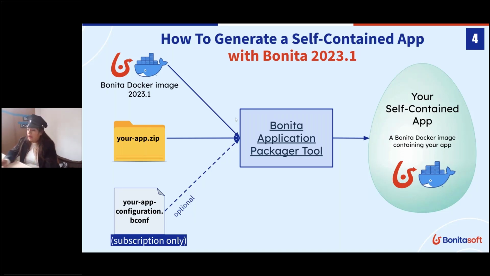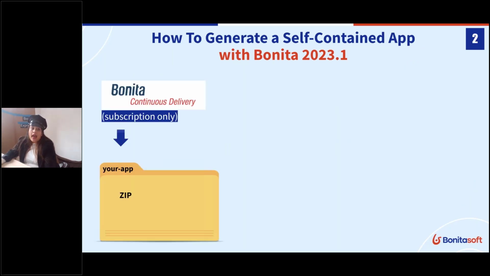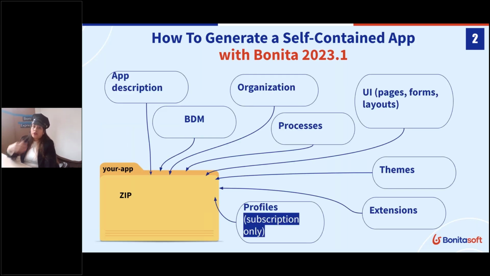If you don't have the enterprise edition, the only thing, and it's quite easy, is that you will need to export each element in here and put it in a zip, so you can build it yourself. Of course, you won't be able to build your profiles, because that is only for enterprise editions.